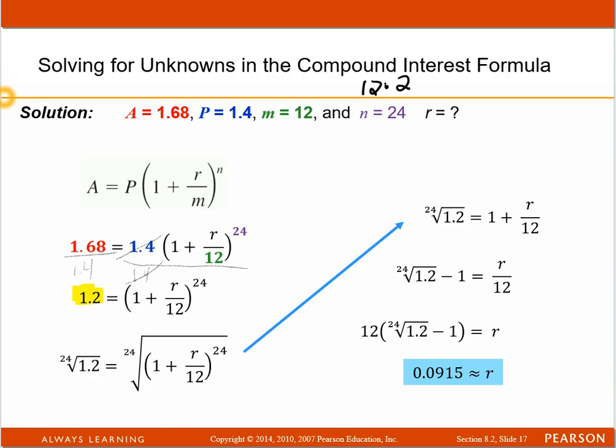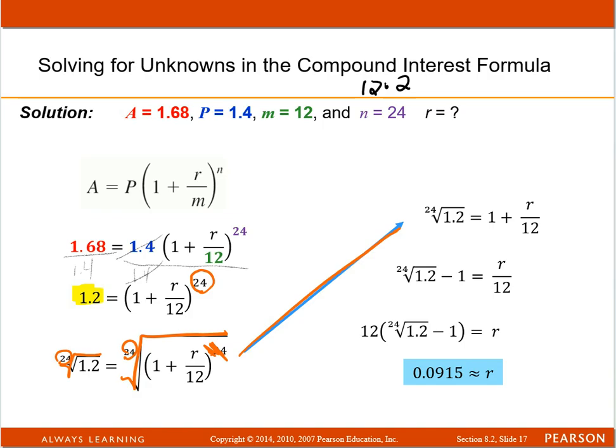The next thing they want to do is get rid of this 24. That is an exponent. The only way to get rid of an exponent is to do the opposite, which is a root. So they took the 24th root of both sides. The 24th root would cancel out the 24th power.